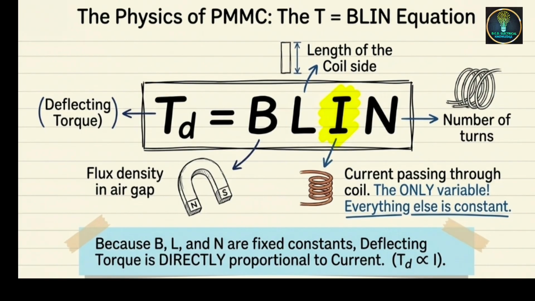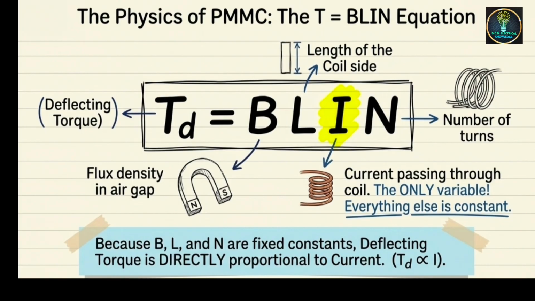The only variable is I, everything else is constant. N, number of turns, because B, L, and N are fixed constants.